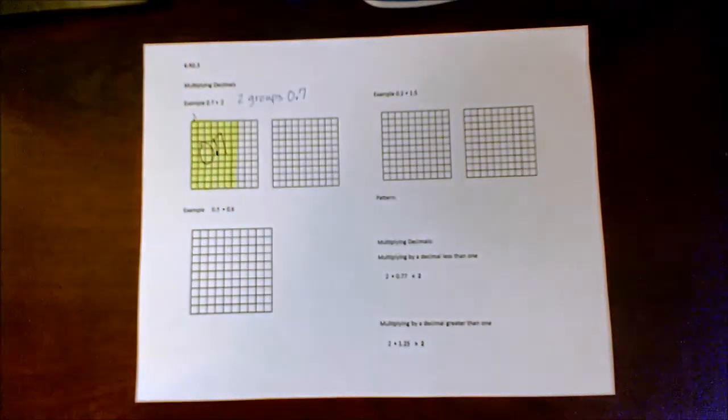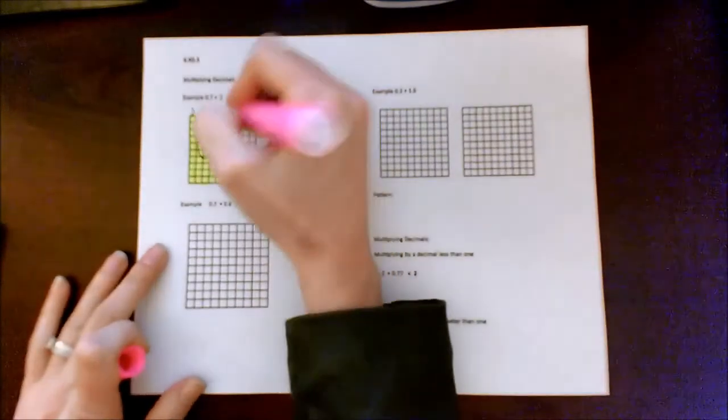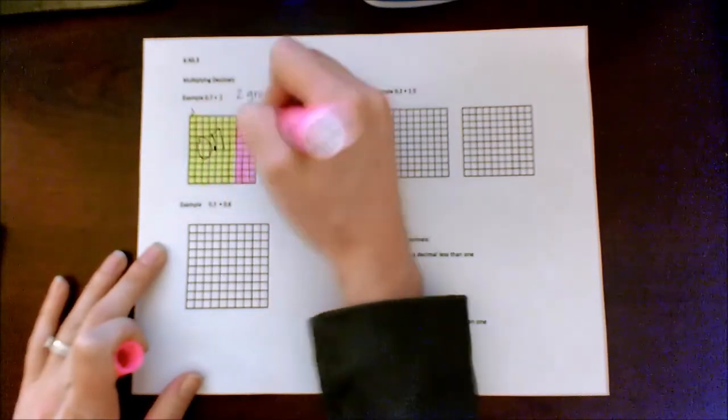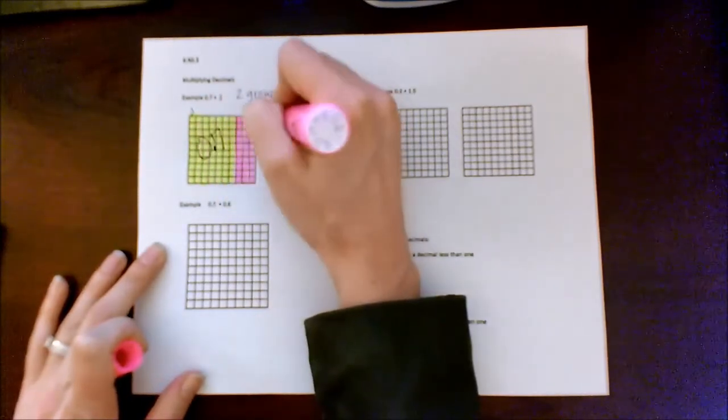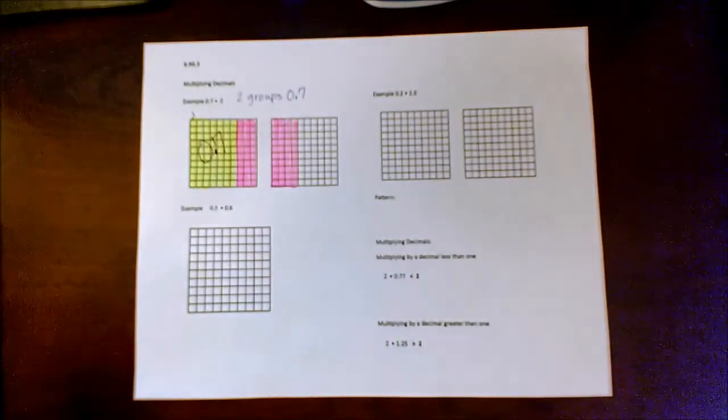And then I'm going to identify a second group of 7/10: 1, 2, 3, 4, 5, 6, 7/10. So that is my second group of 7/10.